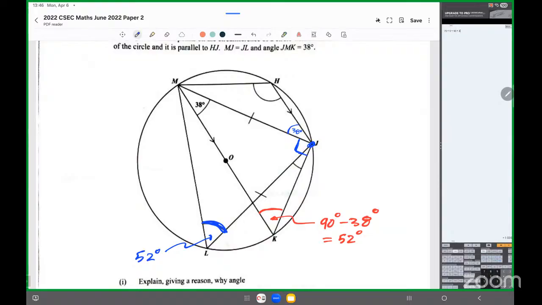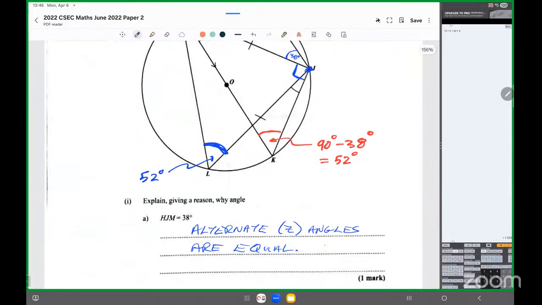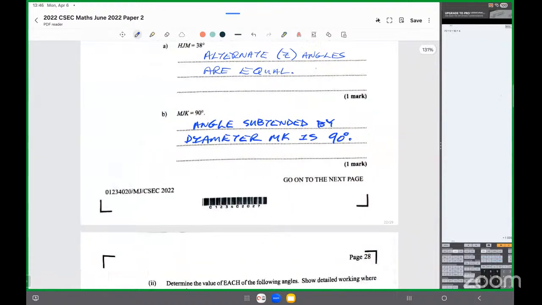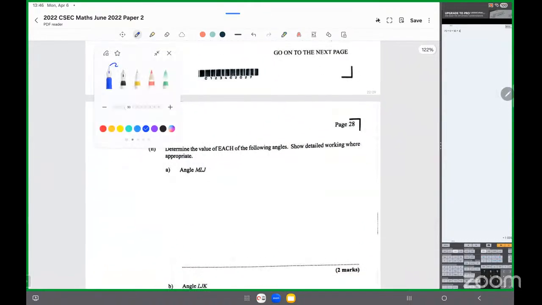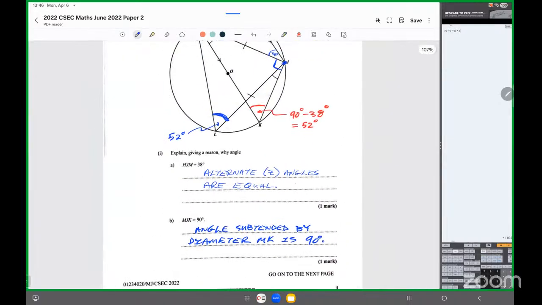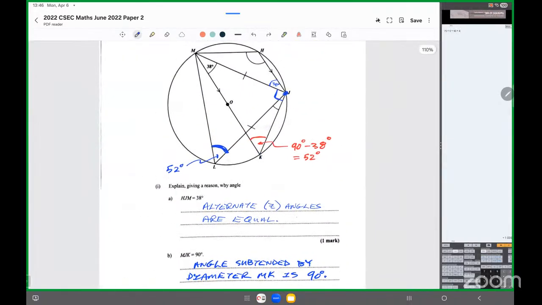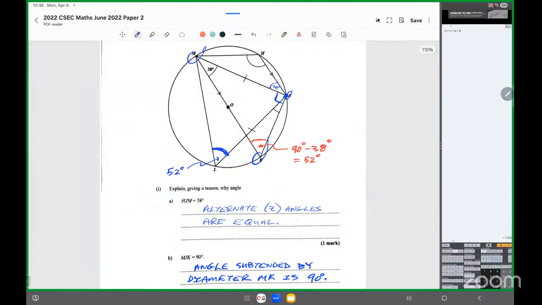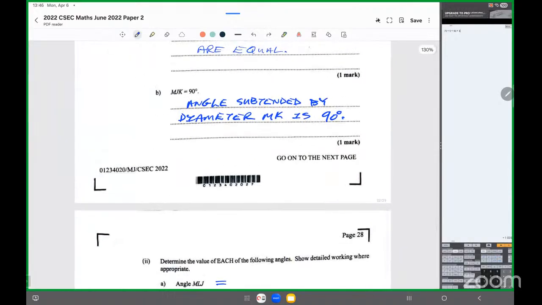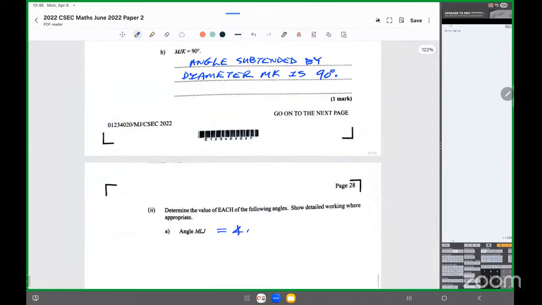Same segment rule. All right, so let's go and write that now. So we're going to tell him that this angle that we want is firstly equal to this one over here, which is MKG. It's equal to angle MKG.